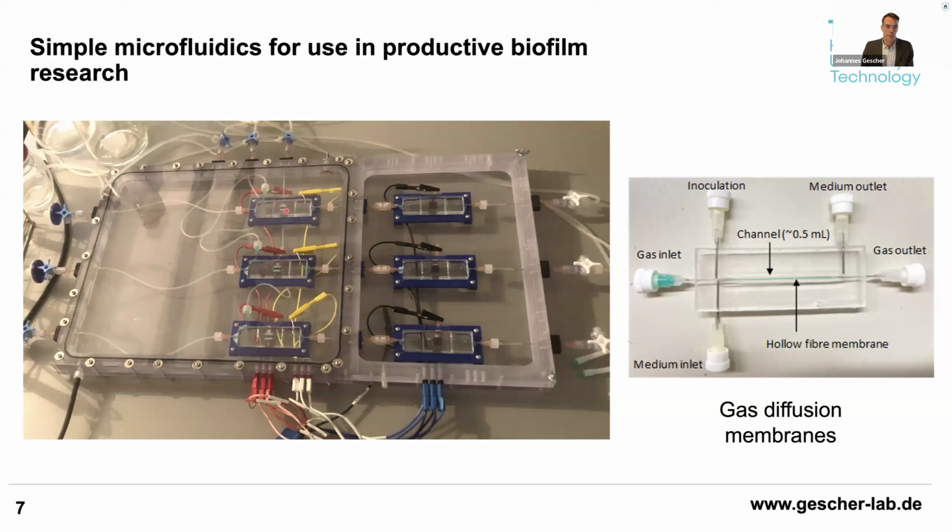In the middle of the chip, this black thing that you see here is an electrode, and the biofilm will grow on the electrode. And we have a flow of medium going from one side to the other. Since this is a bioelectrochemical system, we do not only need a working electrode, but we also need a counter electrode, and this counter electrode comes then downstream of the working electrode.